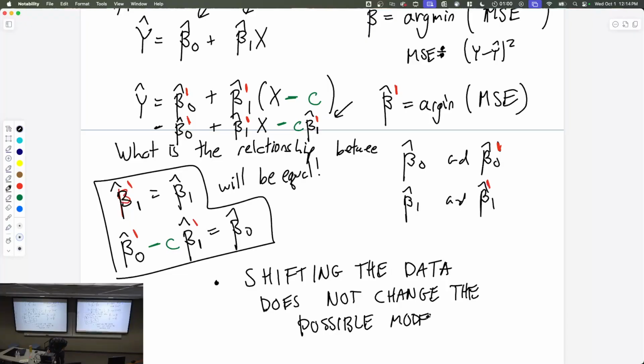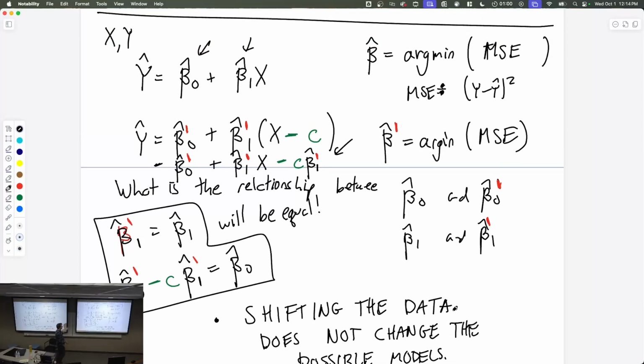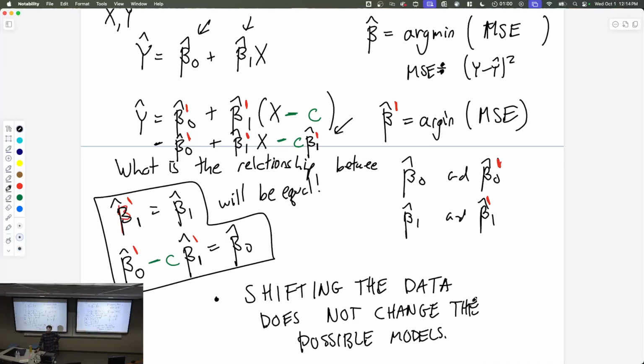Right? So either way you do it, when you add a minus c, you have not changed anything about this stuff. Okay, does that make sense to people? When you do a minus c, you're kind of reparametrizing: what you called beta hat 0 now changes to what you call beta hat 0 prime. But when you go to find the minimum, you're going to find the exact same predictions as you found before. Okay. All right, that's shifting.